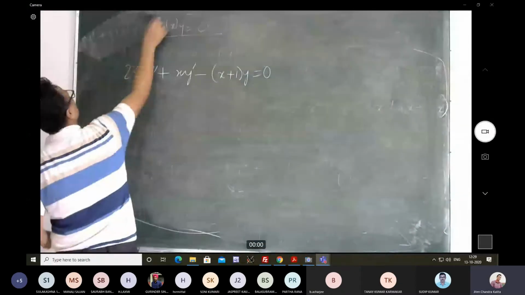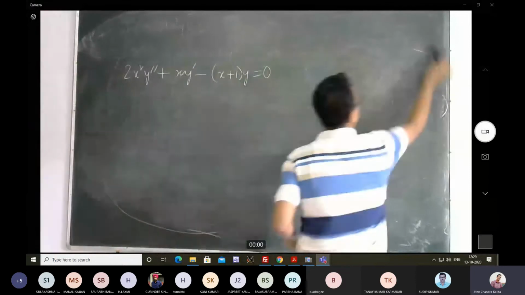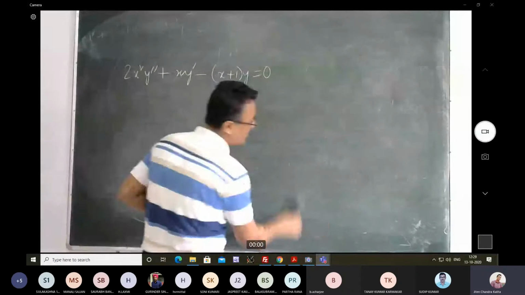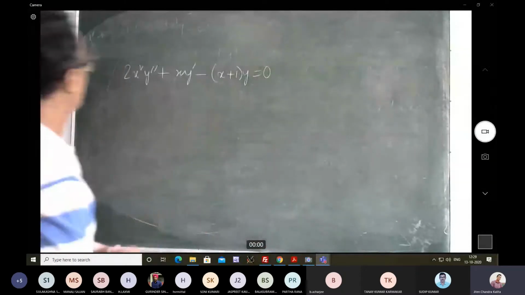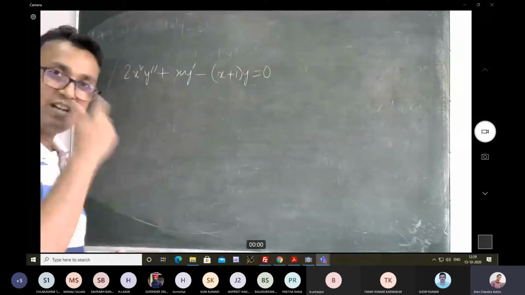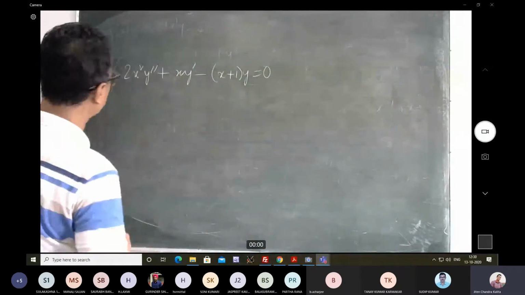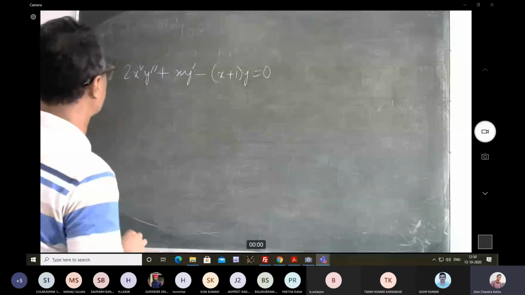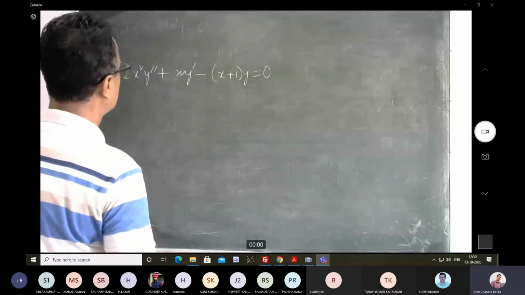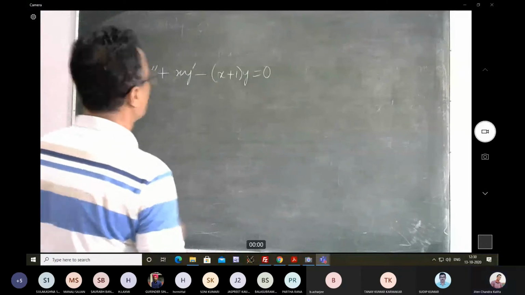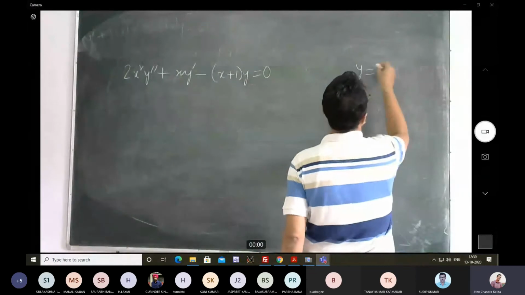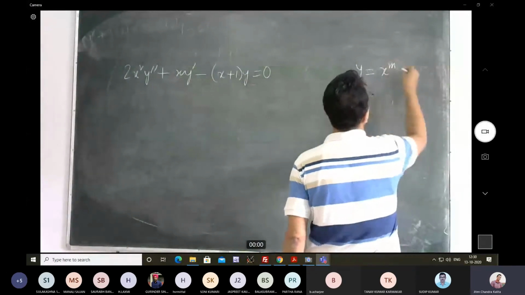And again, I'm going to simply, straightforwardly substitute the expressions. Obviously, you can see that x equal to 0 is a regular singular point, right? So I'll try to find a solution about x equal to 0 here. I am assuming that the solution is of this form.